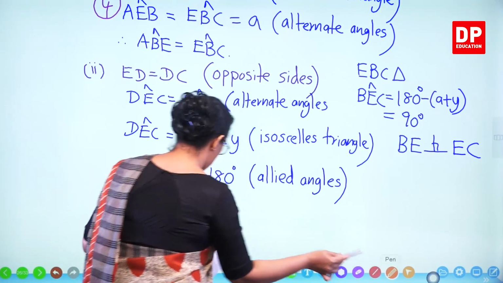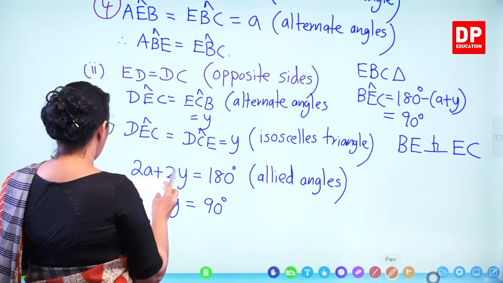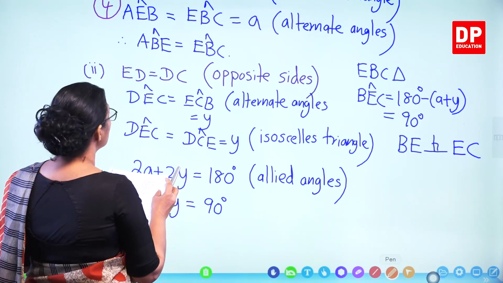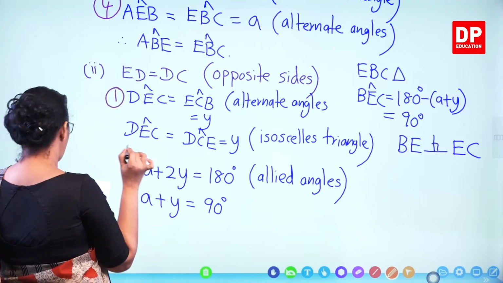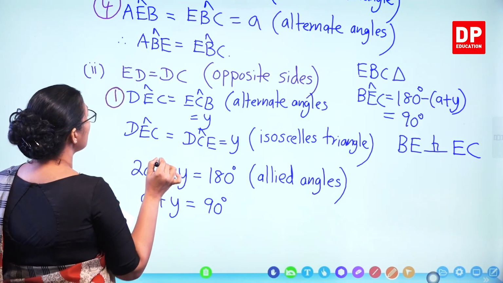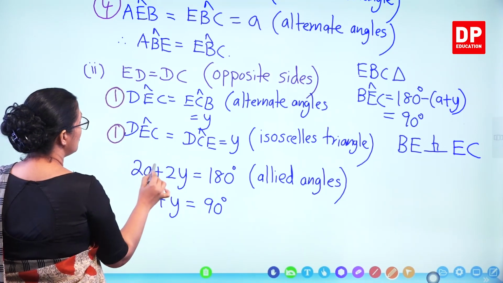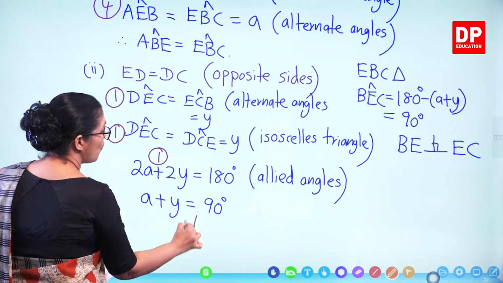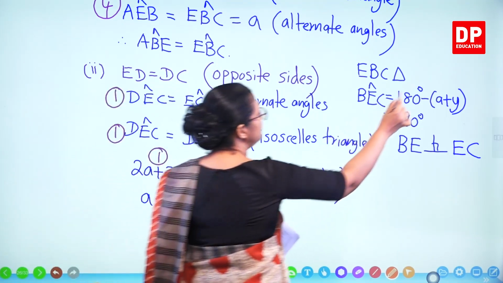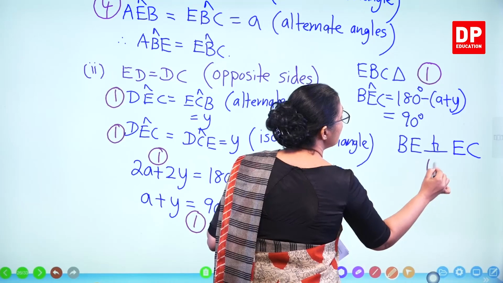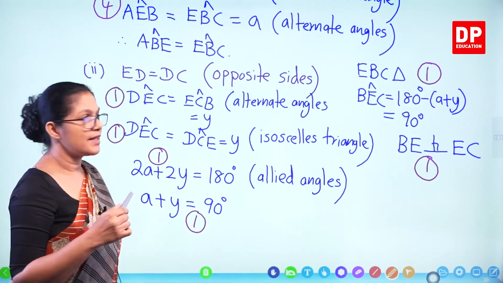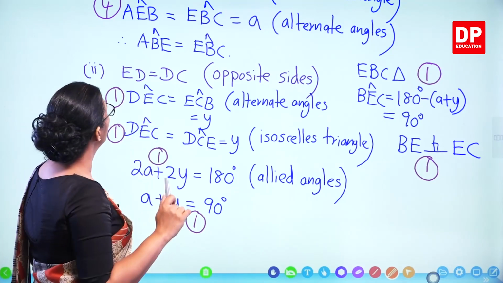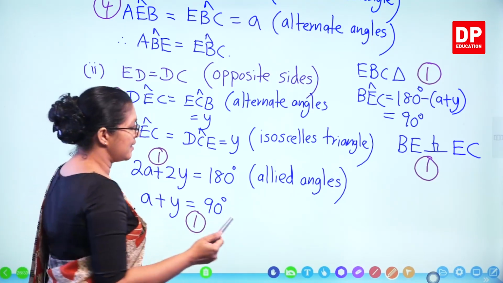So how do you get 6 marks? 1 mark for each step: 1, 2, 3, 4, 5, 6. So 6 marks altogether and 4 marks, 10.